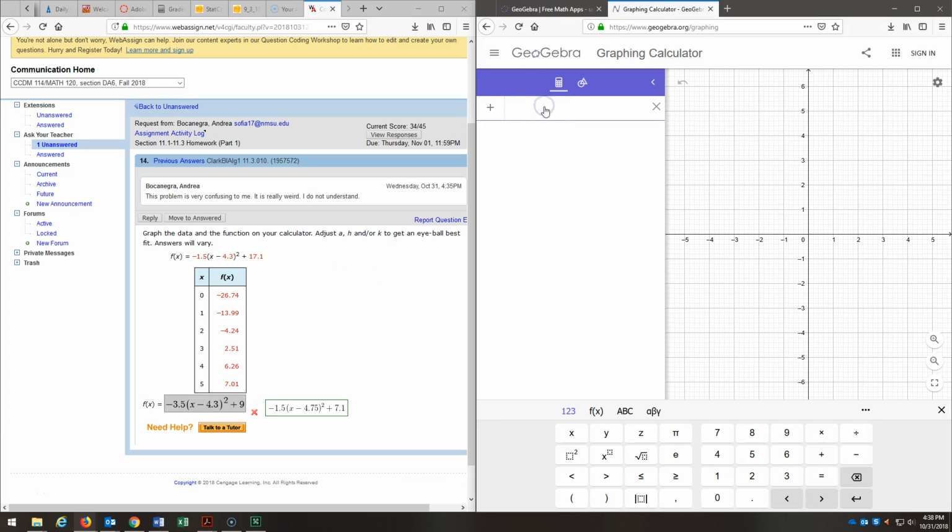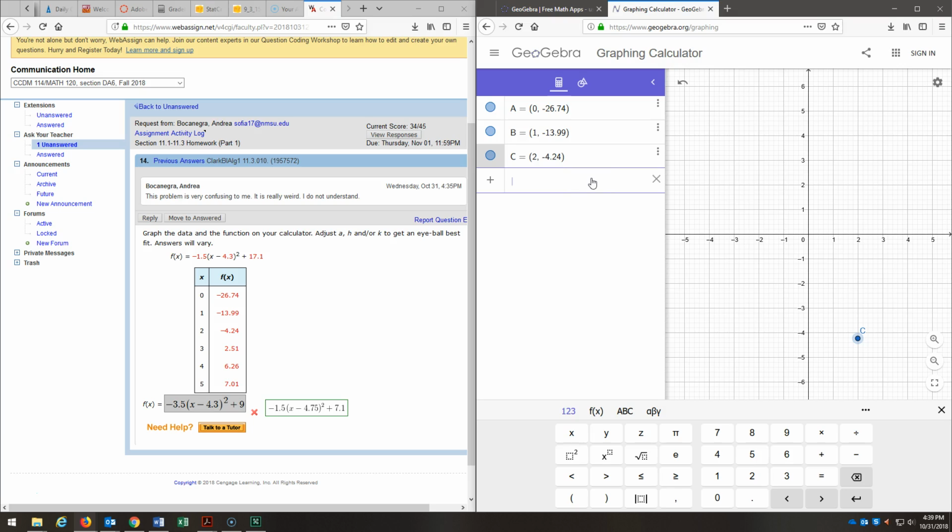Okay, so for this problem, the way I would handle this is, basically they give you a function, they give you data. So I would put in the data first. So 0, comma, negative 26.74, and then 1, comma, negative 13.99, and then 2, comma, negative 4.24.